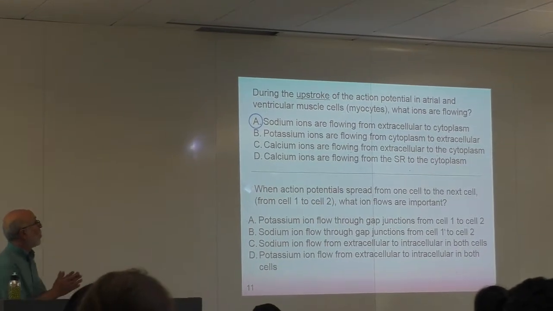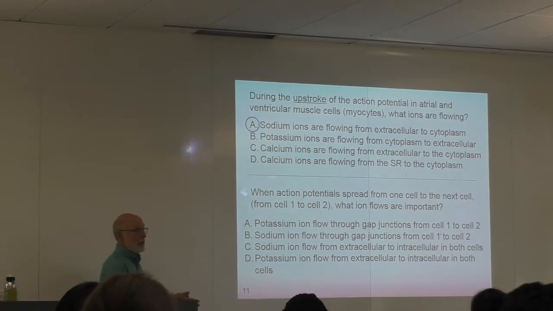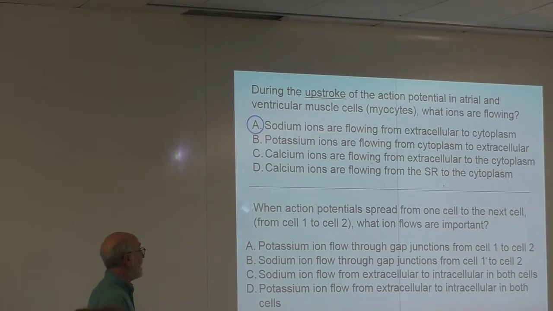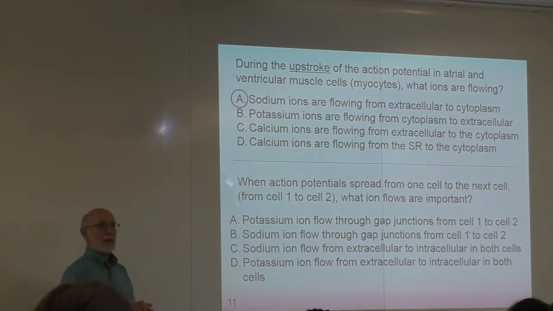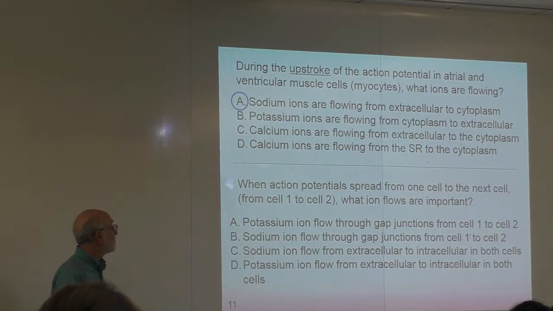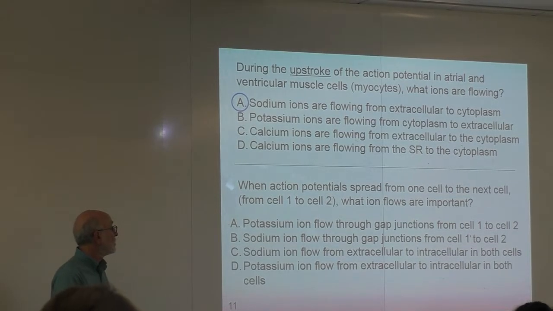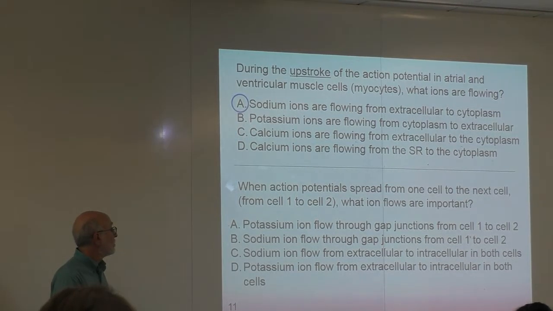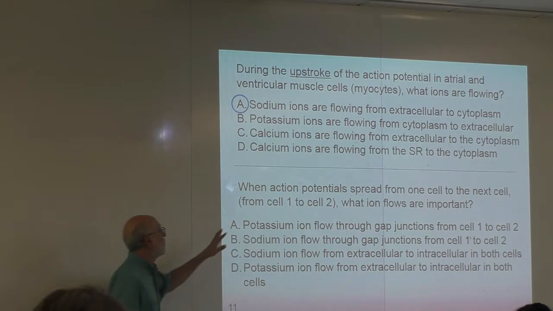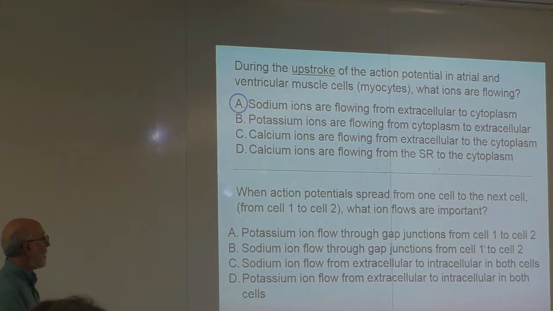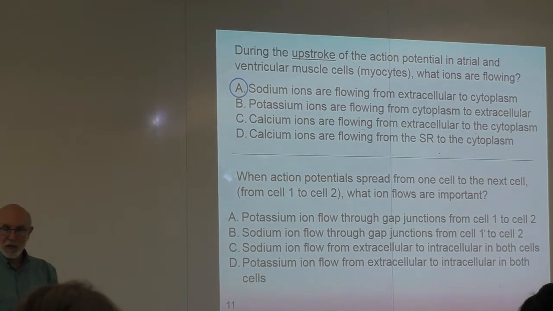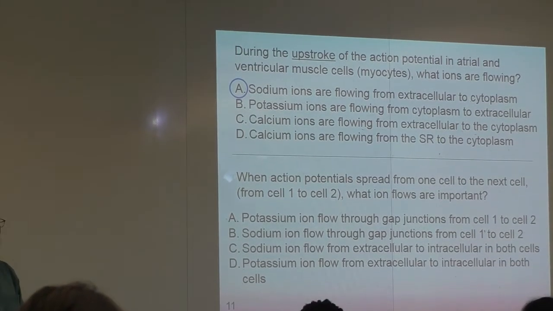Okay? When action potentials spread from one cell to the next cell, what ion flows are happening, are important? So we're going from one cell to the next cell. Which of these are happening?